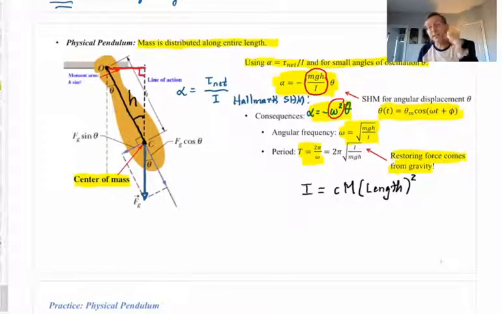Because the period depends on little g, and if you make a physical pendulum that has a simple shape, like a uniform rod or stick, then you can get a simple formula for I. You can measure the period by just timing it. You did that with the ballistic pendulum. And then you can measure the period, measure the length of the thing, and end up solving for g, i.e. you're measuring g.